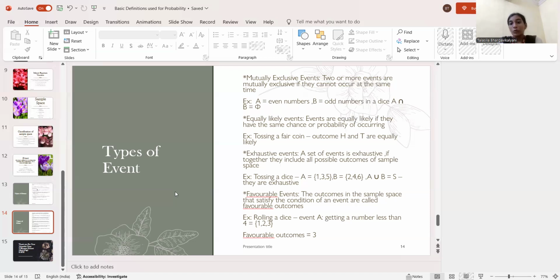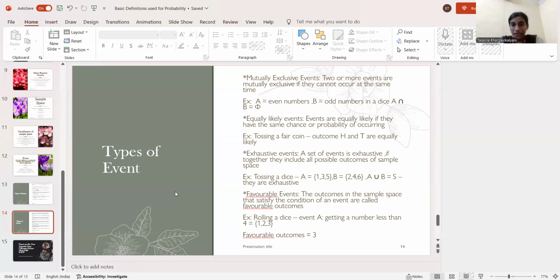If we combine both events, we get the sample space. Similarly in rolling a die, A is the event of getting odd numbers 1, 3, 5, whereas B is getting even numbers 2, 4, 6. Combining events A and B, we get 1, 2, 3, 4, 5, 6, which equals the sample space.